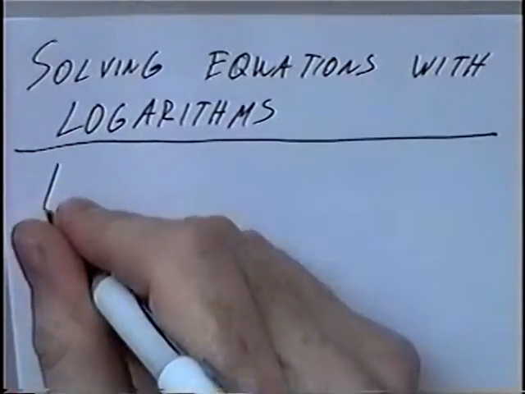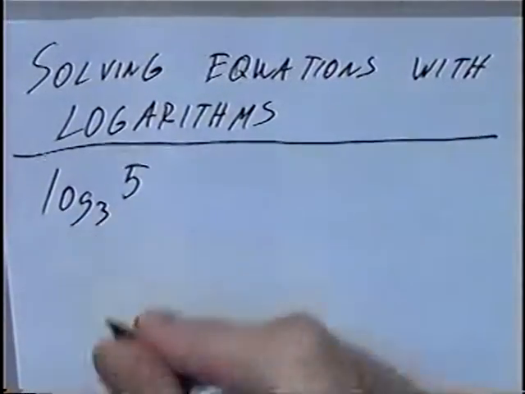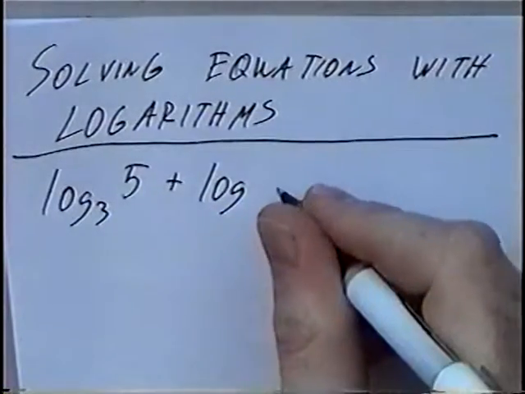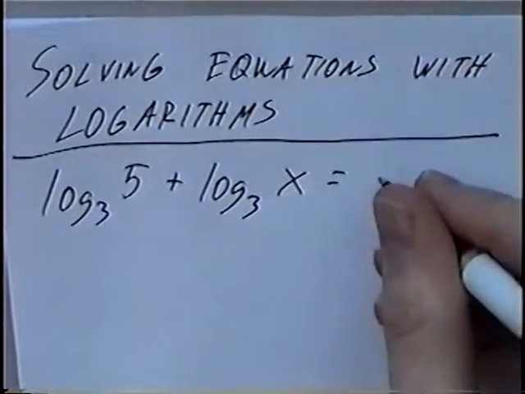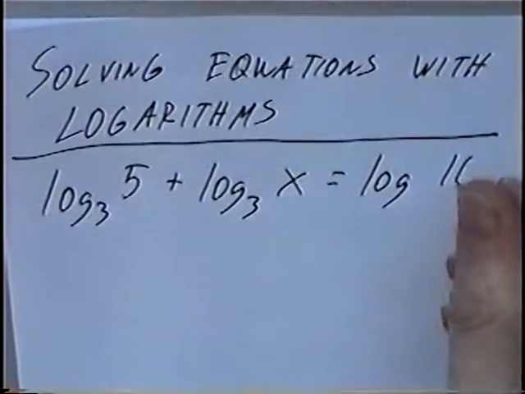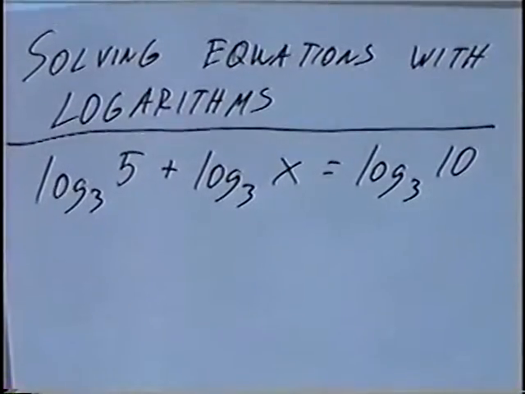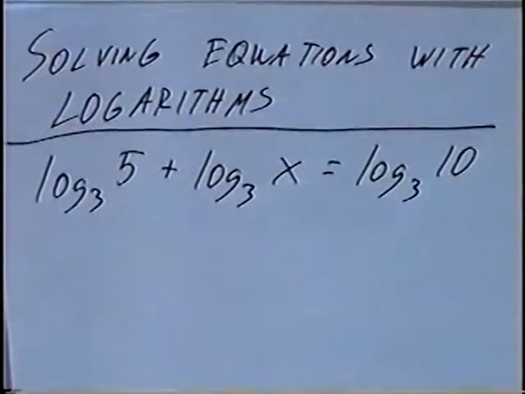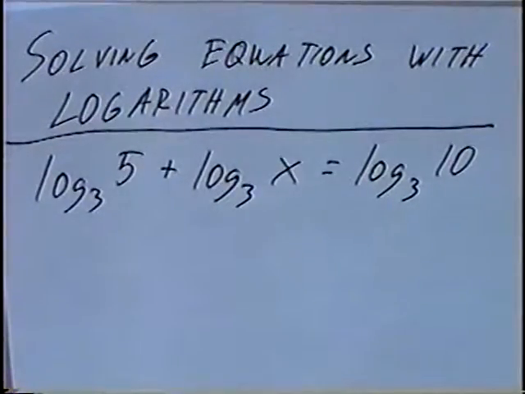First question we'll solve is log 5 base 3 plus log x base 3 equals log 10 base 3. To solve questions that contain logarithms or multiple logarithms, using the properties, we can actually combine these into one logarithm.